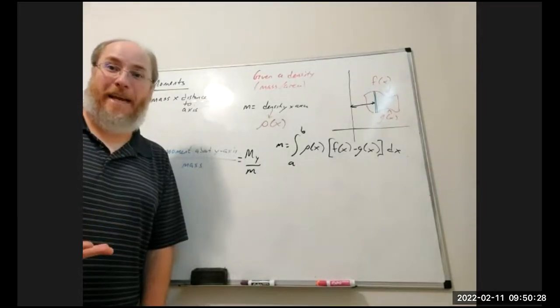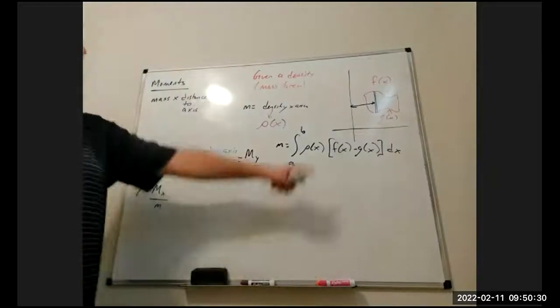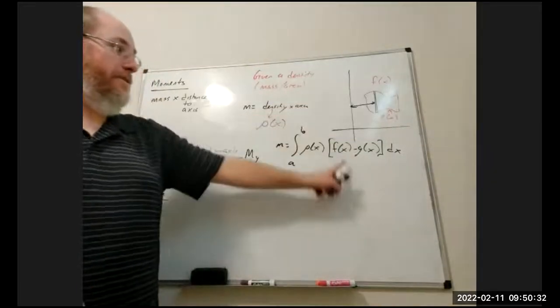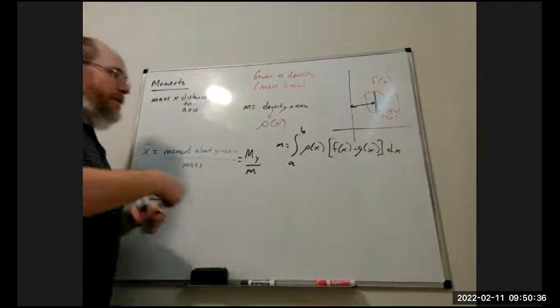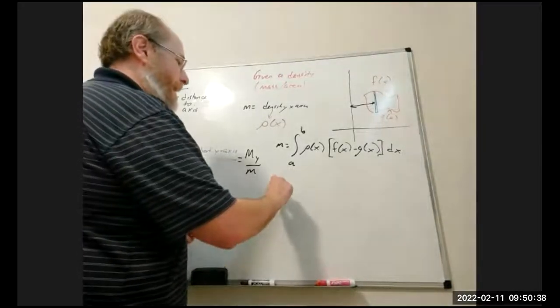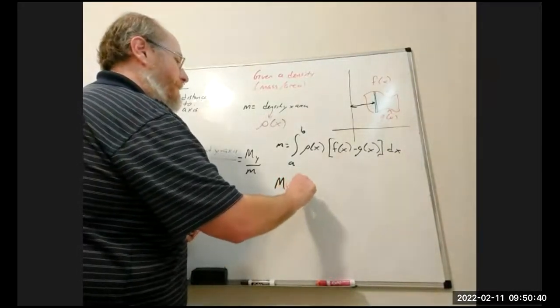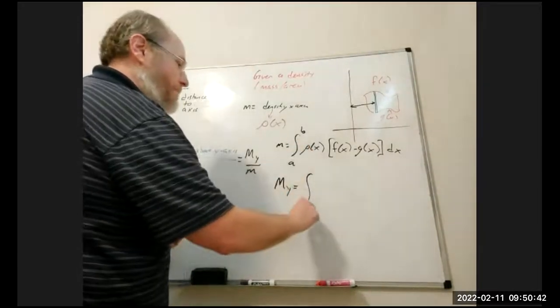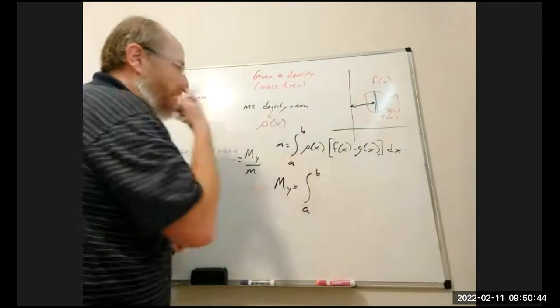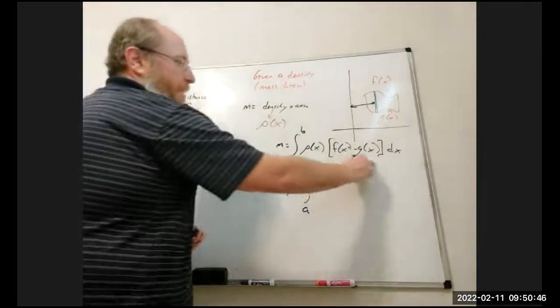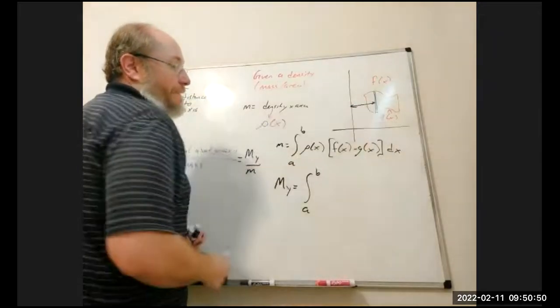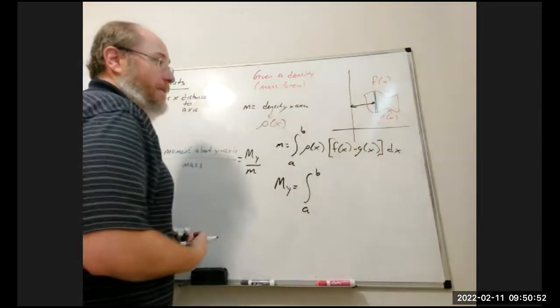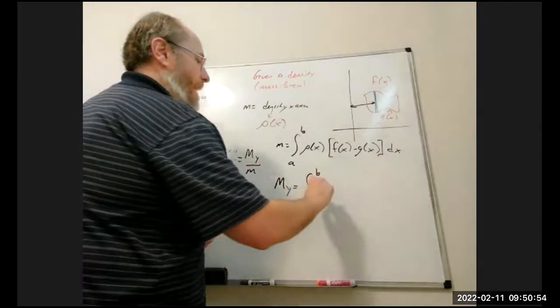We multiply by its area, right? Well, its area is just the area of that little rectangular strip, which is this guy right here. So it turns out that to get My, we only have to alter this equation ever so slightly, because this is finding our mass. We now just need to multiply it by the distance away from our axis that we happen to be, which is an x.